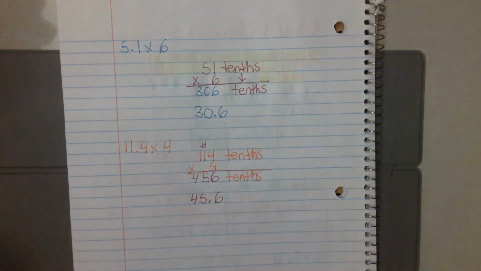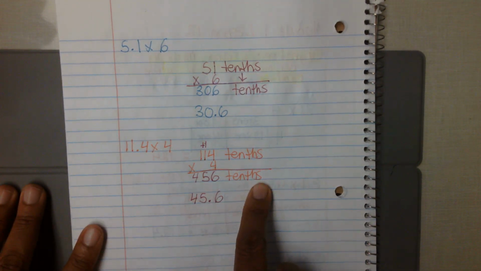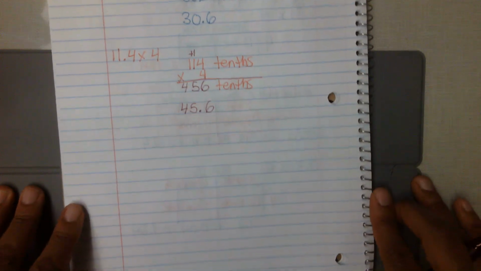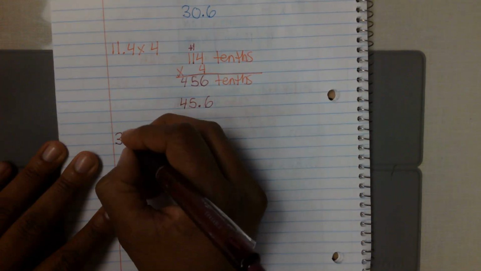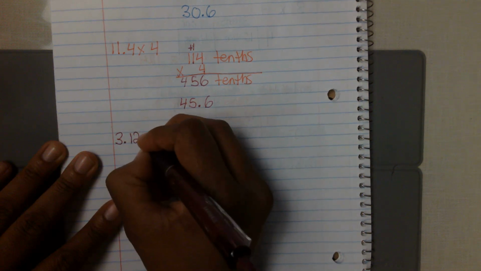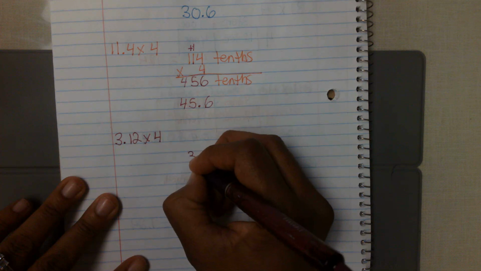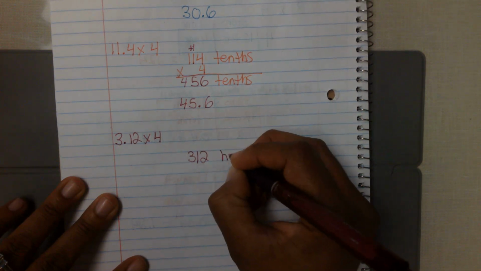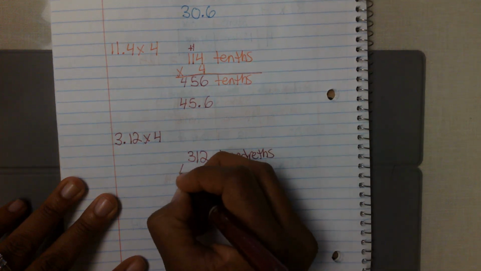Okay, let's try one in the hundredths. So again, if the original problem's in tenths, my answer should be tenths. Let's try one in the hundredths now. If I have 3 and 12 hundredths times 4, I rewrite it over here. I'm going to write it as 312 hundredths. So I'm not worrying about the decimal place right now. I'm writing it in unit form, times 4.